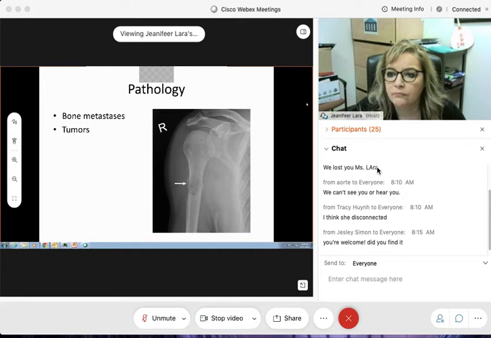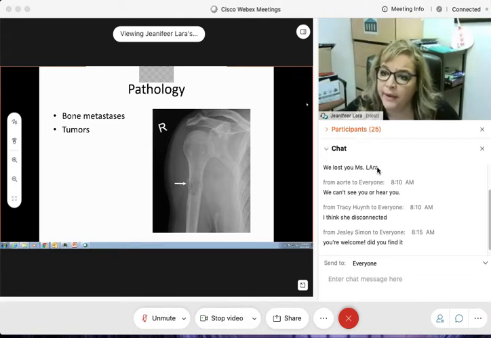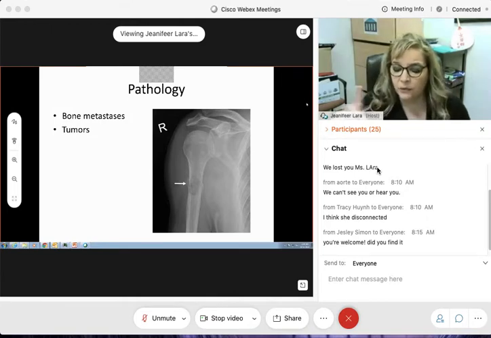Benign means what type of tumor, and malignant means what? Malignant and benign are different because benign is non-cancerous and malignant is cancerous. Okay, good.